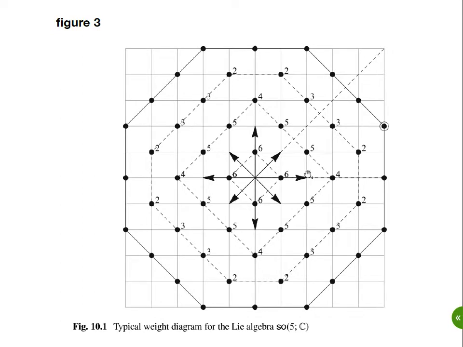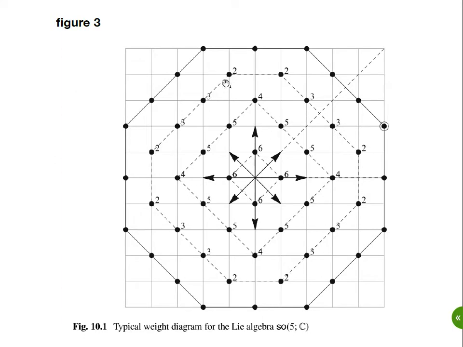Because these short roots generate the long roots, since this is just the sum of these two, all you need to do is go in this direction or this direction, plus or minus. Because this can be obtained from here by going one diagonal step, this is a weight. But this one is not a weight because you cannot reach it by going only steps given by these roots.